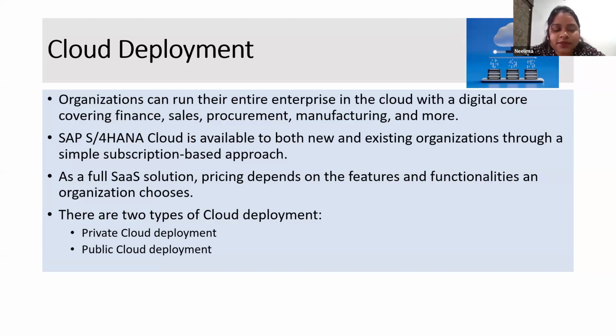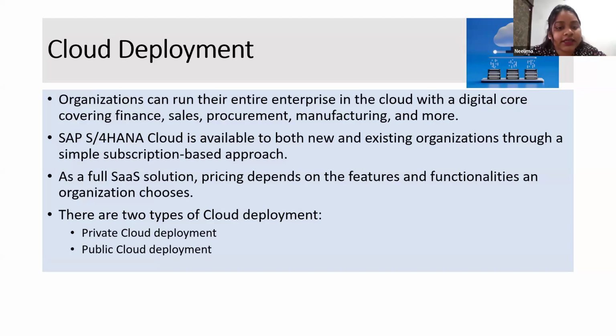With SAP S4 HANA cloud, organizations can run their entire enterprise in the cloud. All business functions will be covered, like finance, sales, procurement, and manufacturing, for both new and existing companies through a simple subscription-based model.